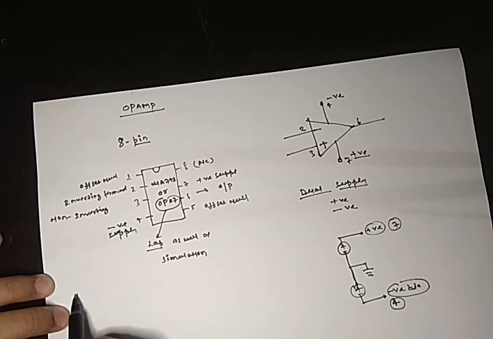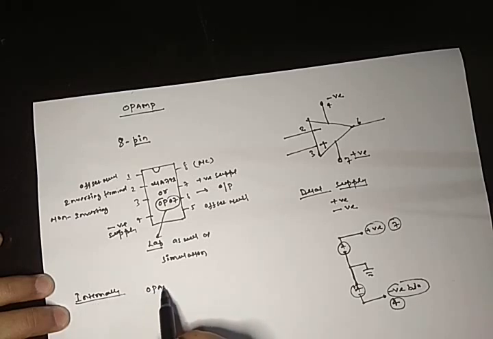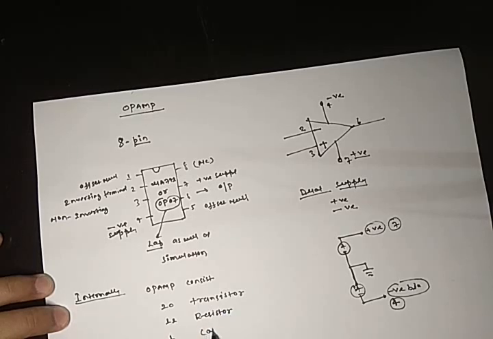Now internally the Opamp consists of 20 transistors, 11 resistors, 1 capacitor.